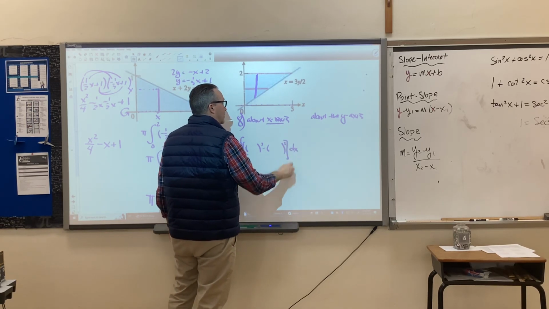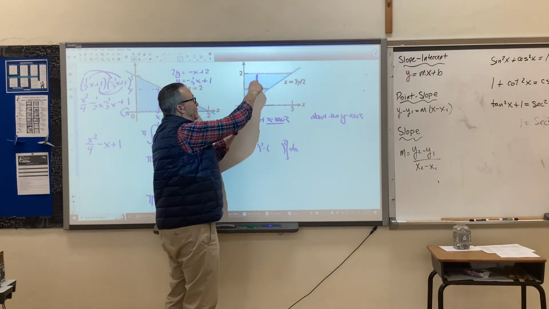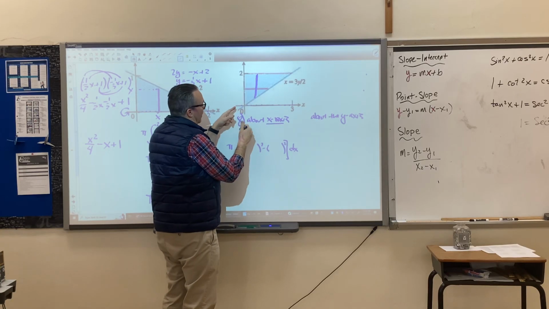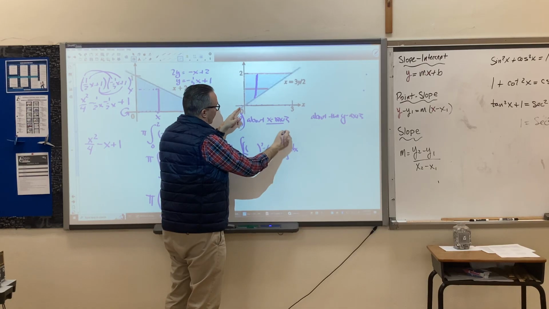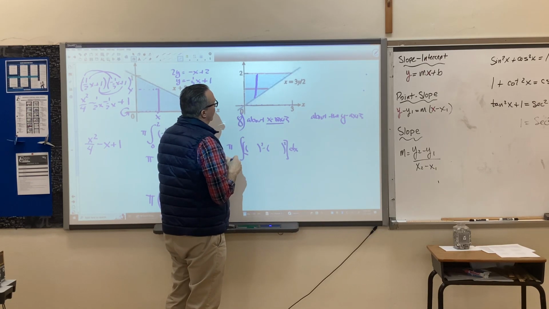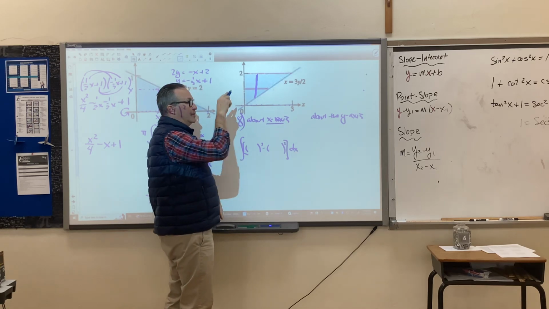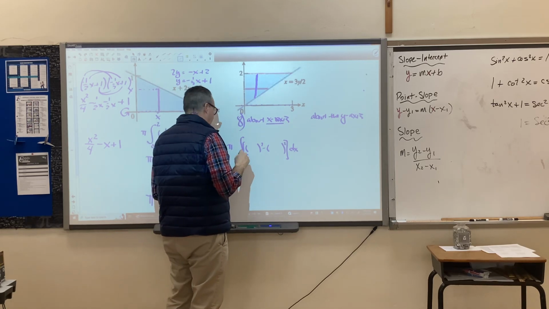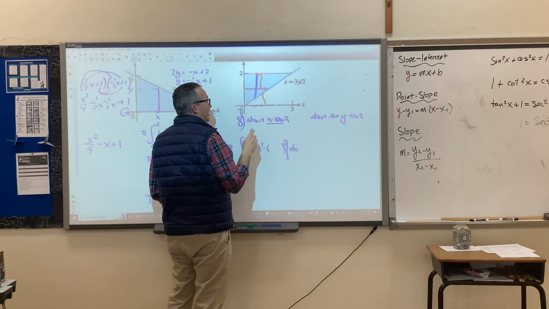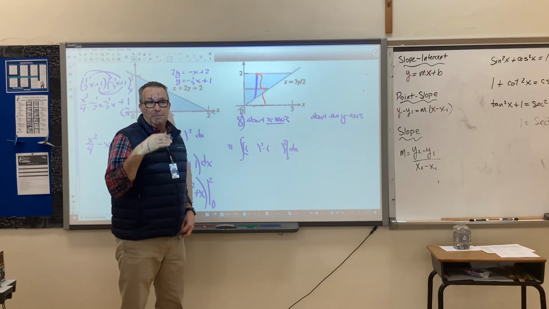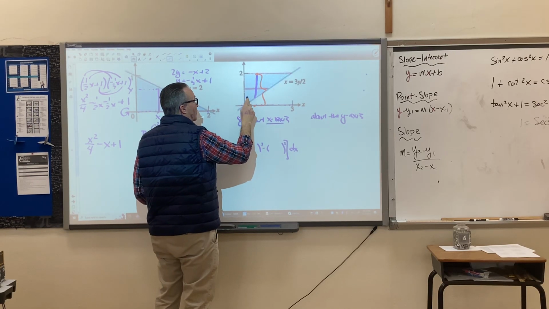The rectangles are perpendicular to the x-axis. What's the big radius? If we revolve this about the x-axis, that's the distance from the axis of revolution to the furthest part of the rectangle. And that's 2 minus 0, which is just 2.